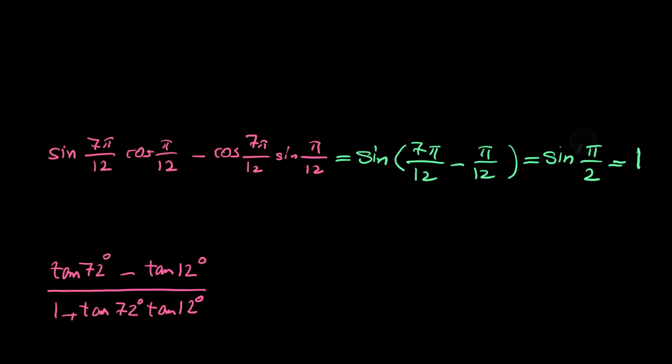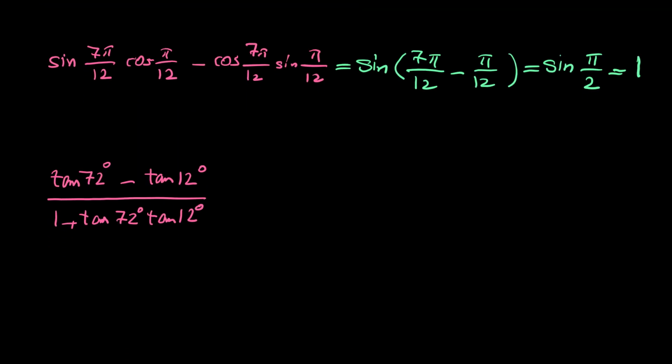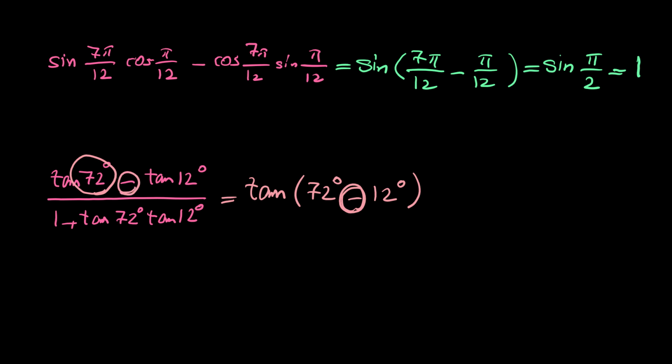So by using that identity, this equals tangent of A minus B. The reason that you have to put minus here is because here is minus.